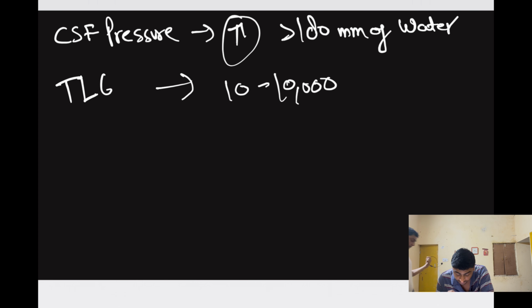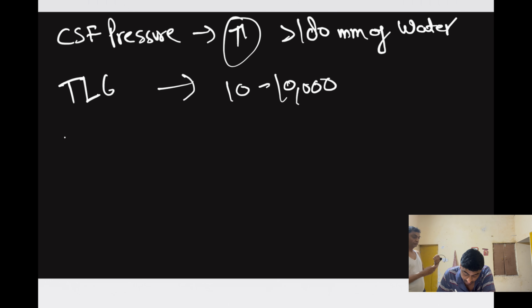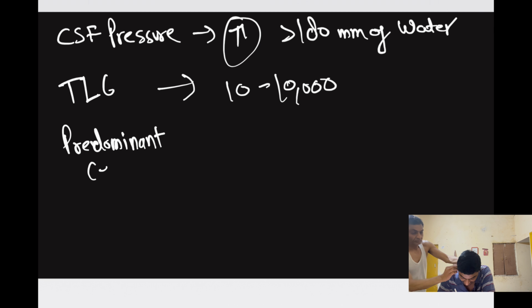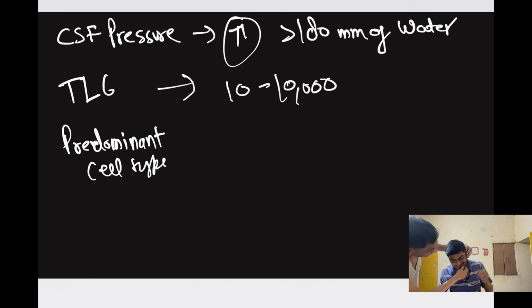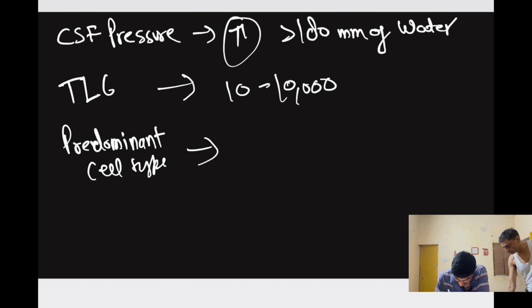And the predominant cell type which we have seen in the acute bacterial meningitis is the presence of neutrophils.